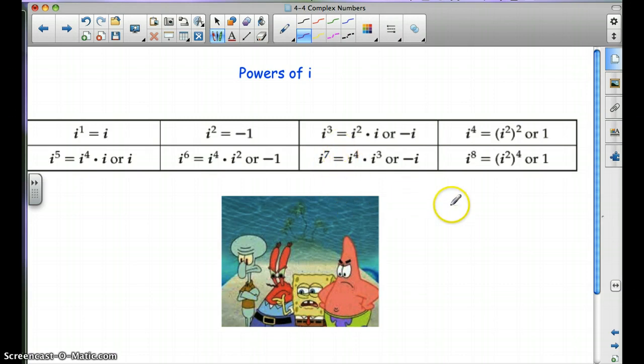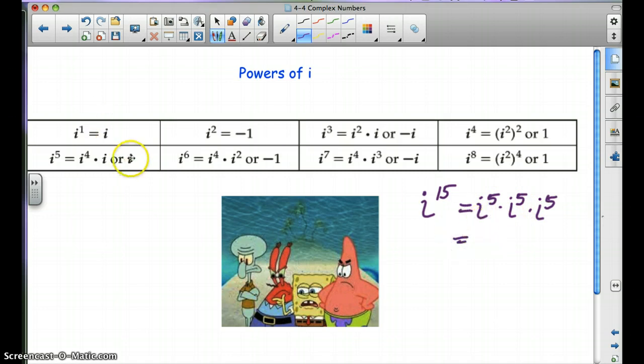So for example, if I were to say, what is i to the 15th power? You'd be able to look at this and say, okay, well, 15, I can split up into i to the 5th times i to the 5th times i to the 5th. Because remember with exponents, when you're multiplying the same base, you add the exponents. So what is i to the 5th?